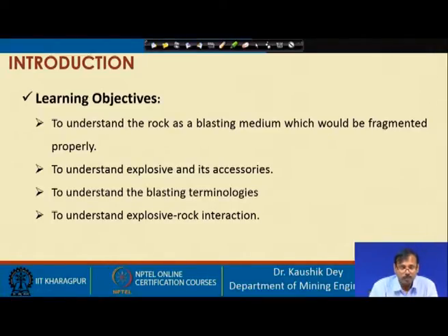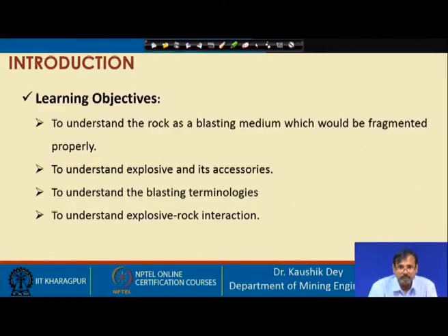Then next, which is very important, and personally I believe without this knowledge an explosive engineer should not be considered an explosive engineer: the understanding of explosive rock interaction.